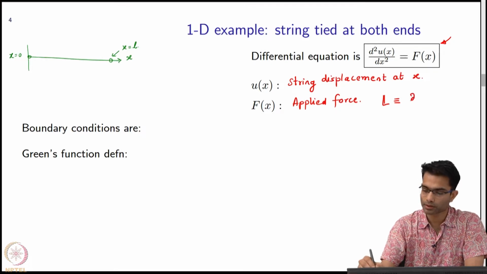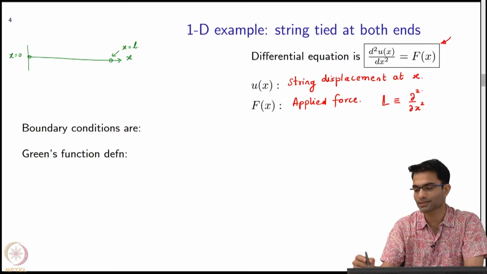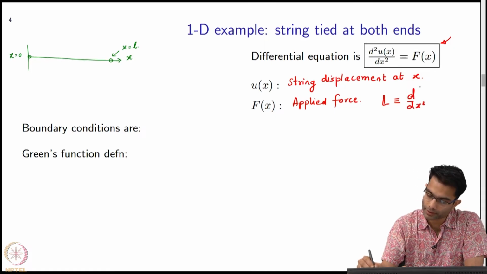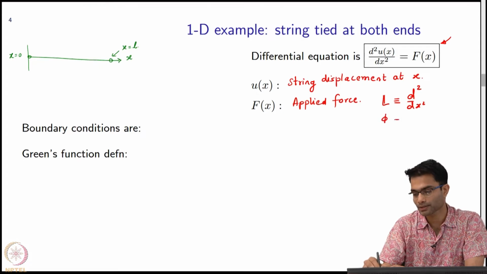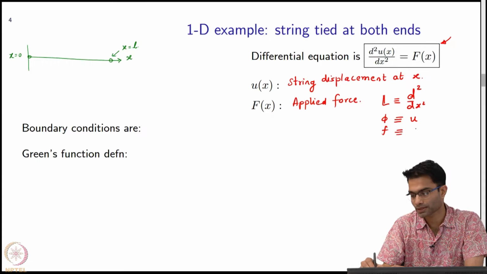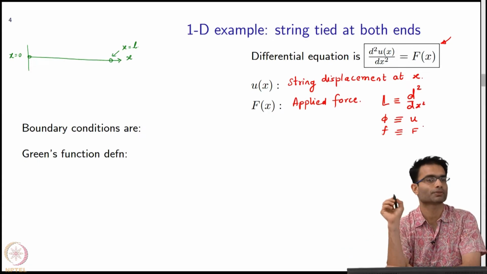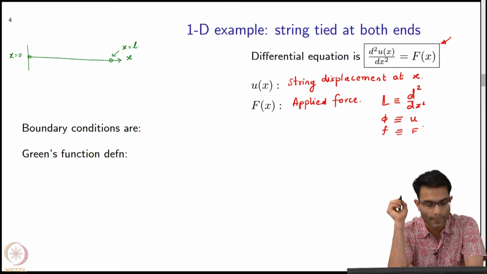In fact, there is no need for me to write partial derivatives, it is a 1D problem. So, I can write it as total derivatives. And my phi is u and my f from the previous slide is capital F. So, 1-to-1 system I have taken.